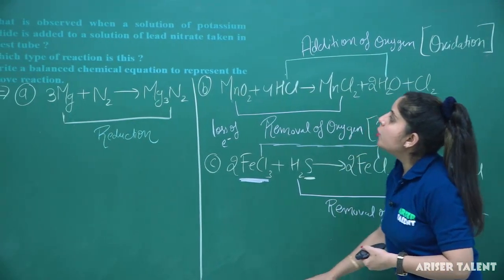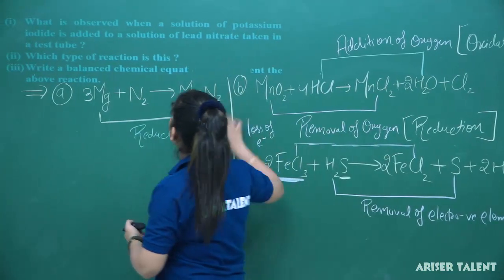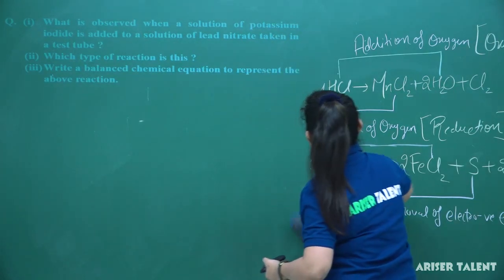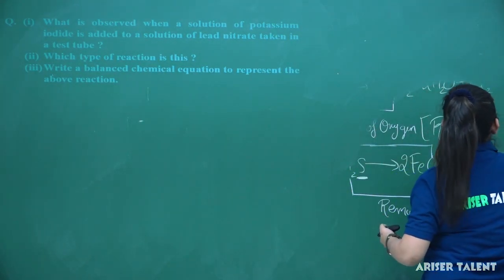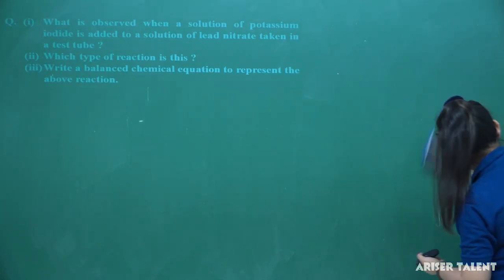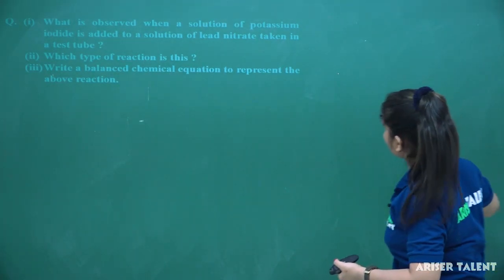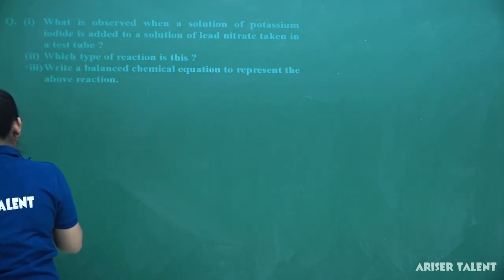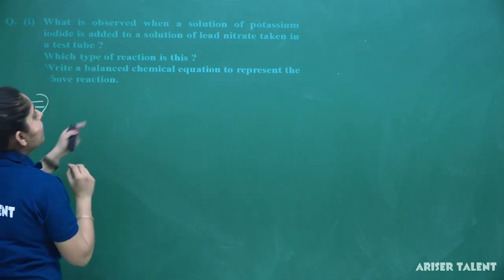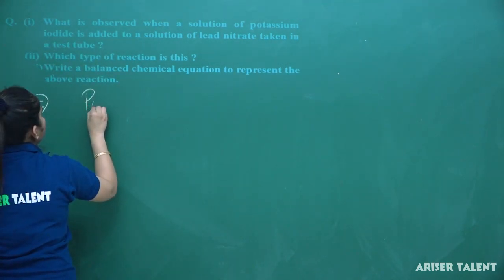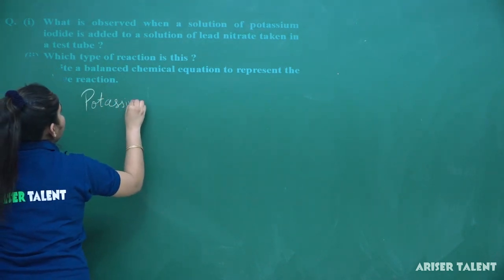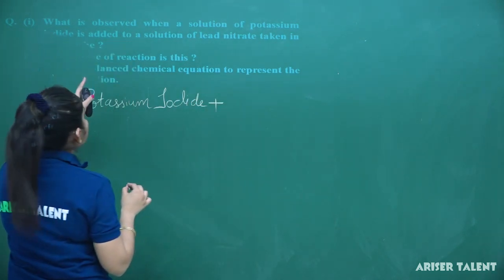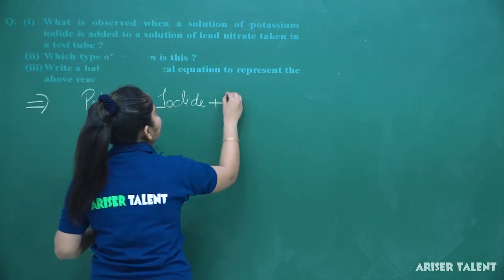What is observed when a solution of potassium iodide is added to a solution of lead nitrate? So what we have provided here, we are given a solution of potassium iodide. Plus what we have to do, we have to add lead nitrate in it.